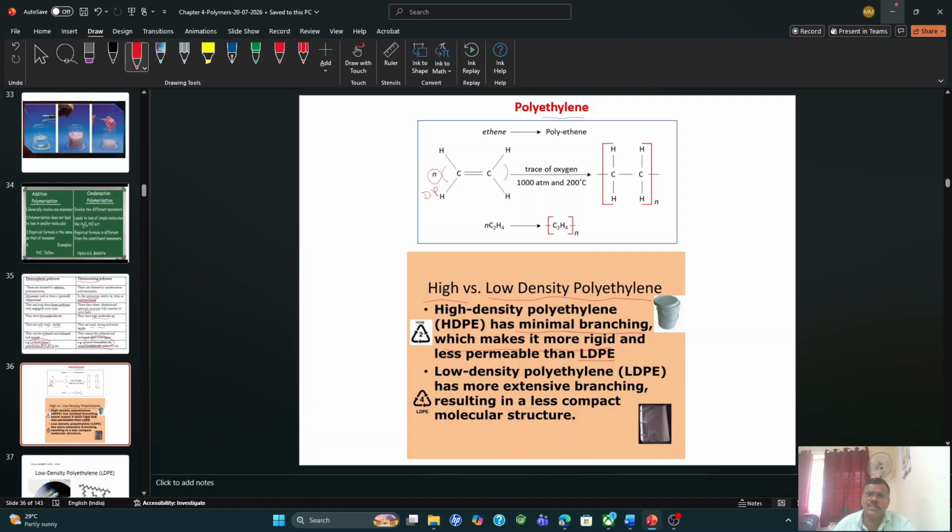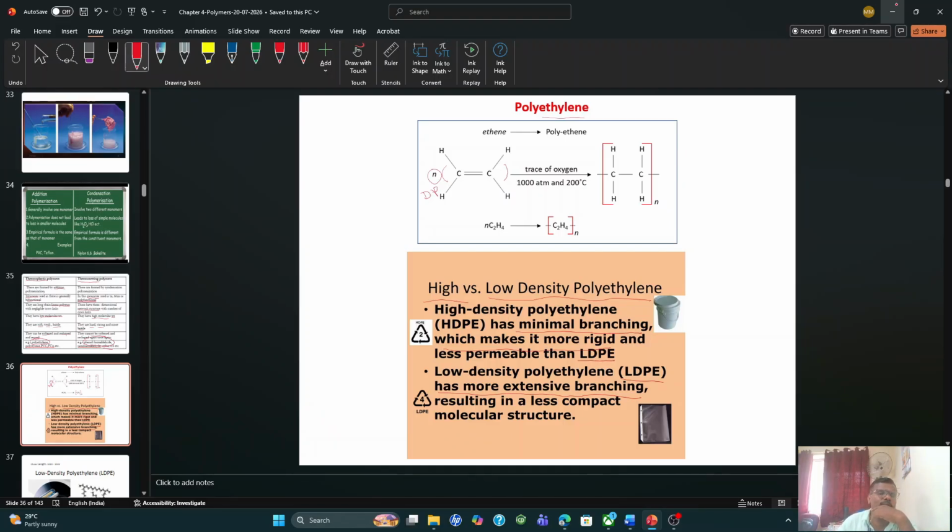Low density polyethylene has more extensive branching, resulting in a less compact molecular structure.